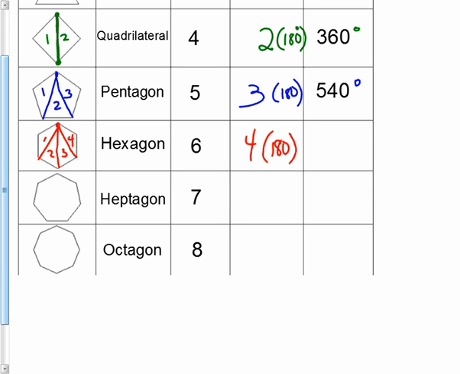So go ahead and pause the video and see if you can fill in the rest of the table with the number of triangles for this one, and all the degrees for these. Unpause it, see if you got it right.